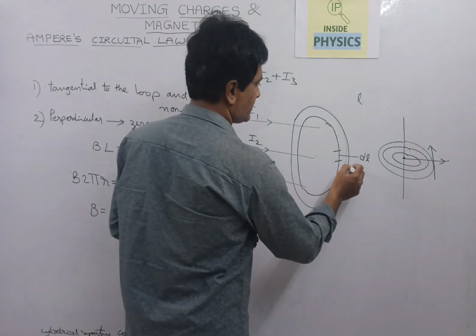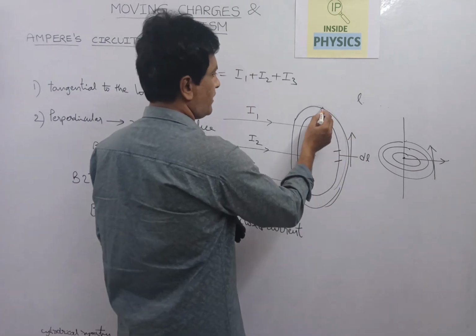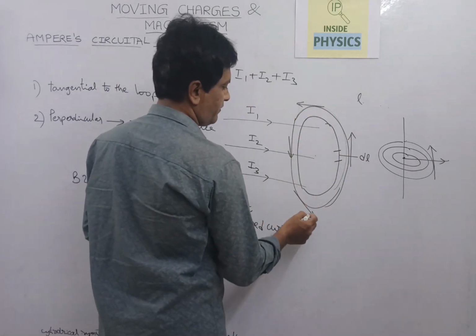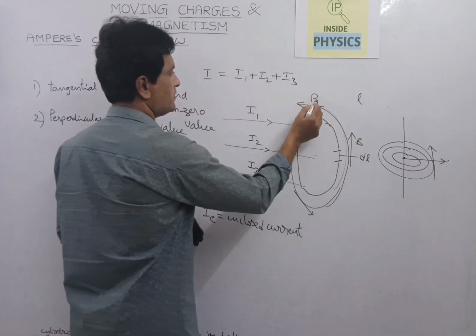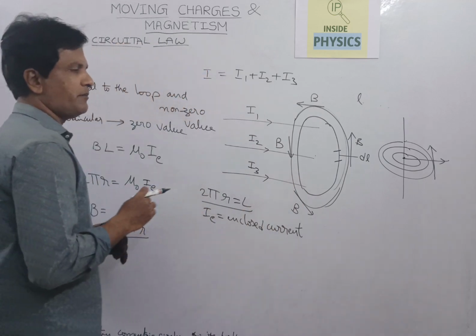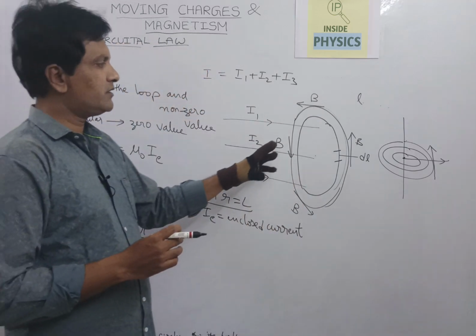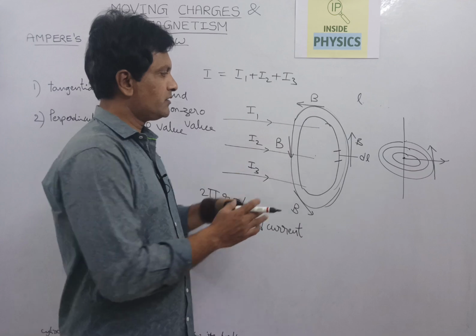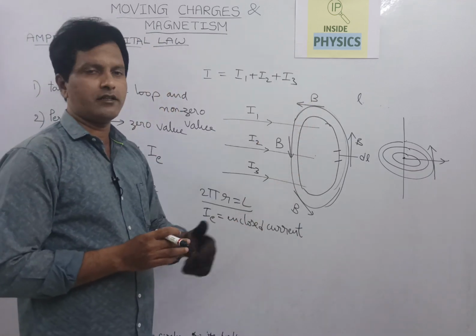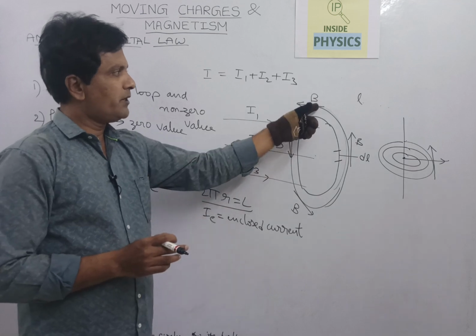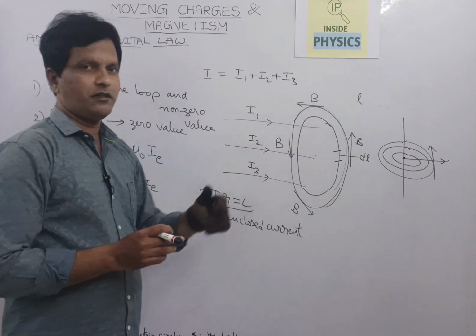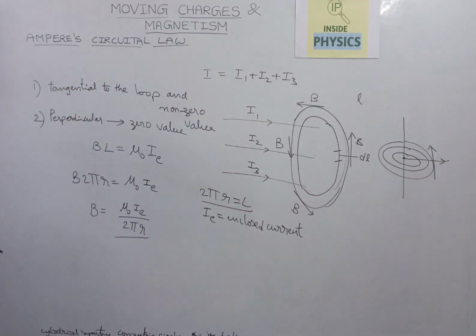If you observe, the field is tangential to the loop everywhere. Cylindrical means the boundary is considered as the boundary of a cylinder. So the magnetic field is the same at every point on the boundary. That is called cylindrical symmetry.